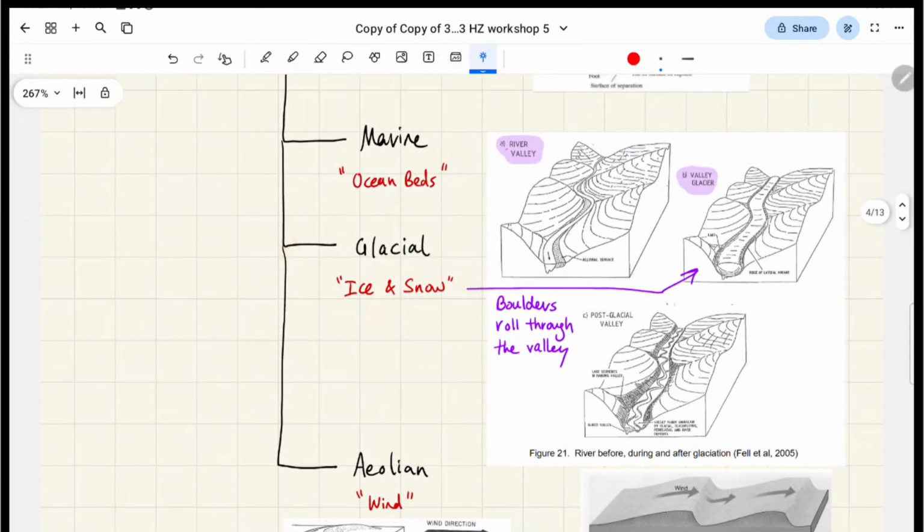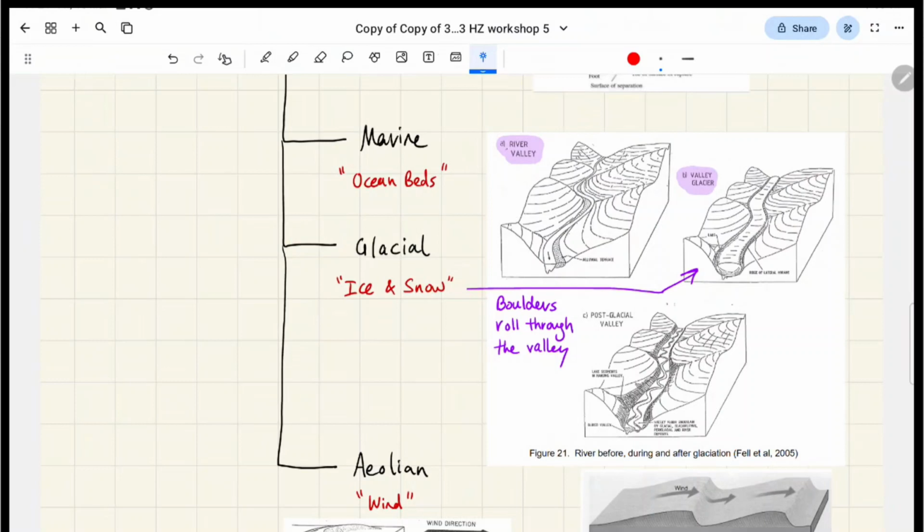Glacial soils. This picture on the left is probably one of the more important features of glacial soil. We have two situations of valleys. The one on the left is where a river runs through the valley and it ends up with a V-shaped cross-section, right?